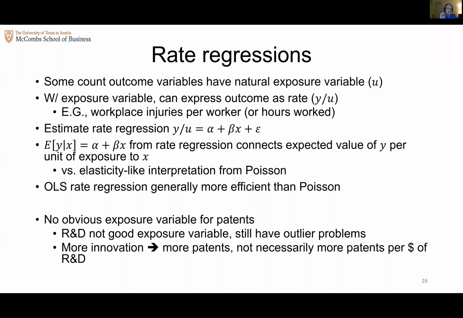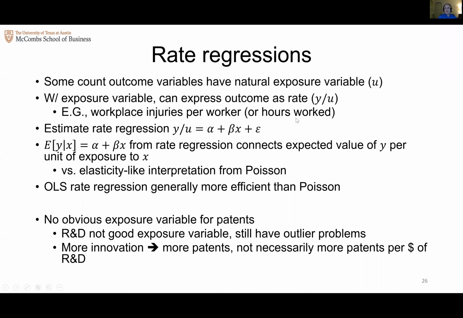And those seem like good exposure variables in the sense that you can only be injured if you're actually working, right? So the number of workers is really going to tell us about the potential exposure to injuries, if we're talking about something like workplace injuries, okay?